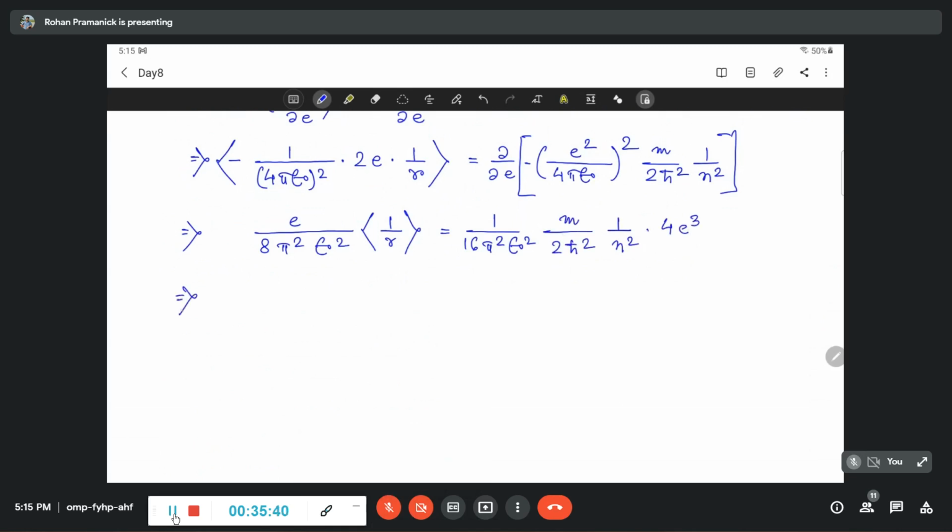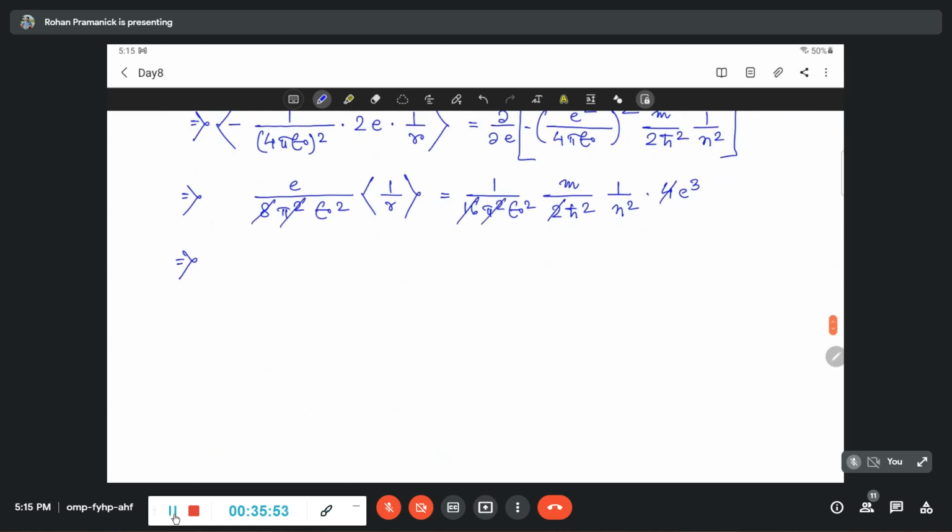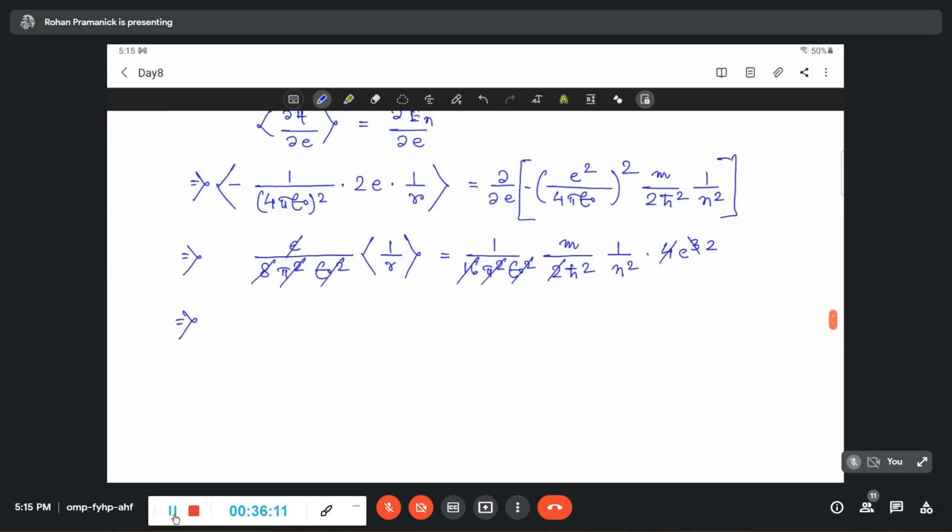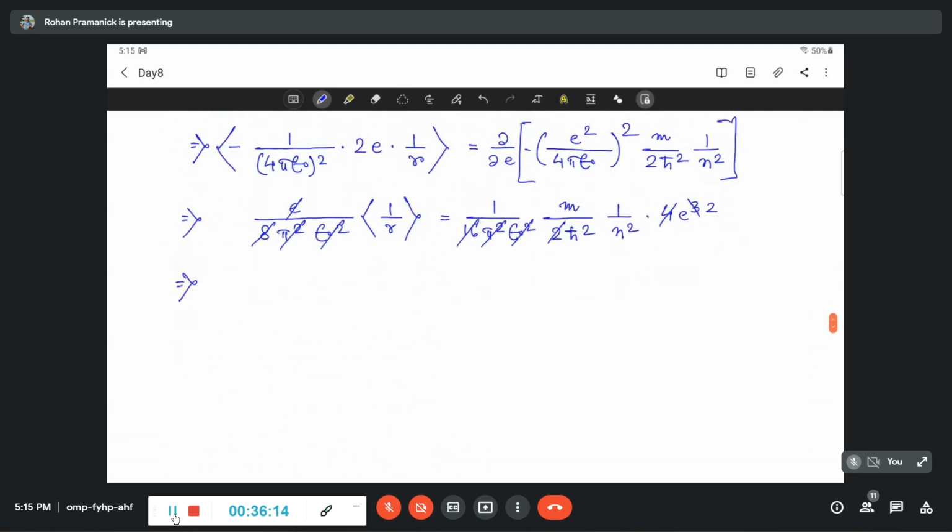So 16 into 2 is 8, and all this cancels. Pi squared cancels, epsilon 0 squared cancels, and then 1 by r gives you 1 by n squared. Have I messed things up?